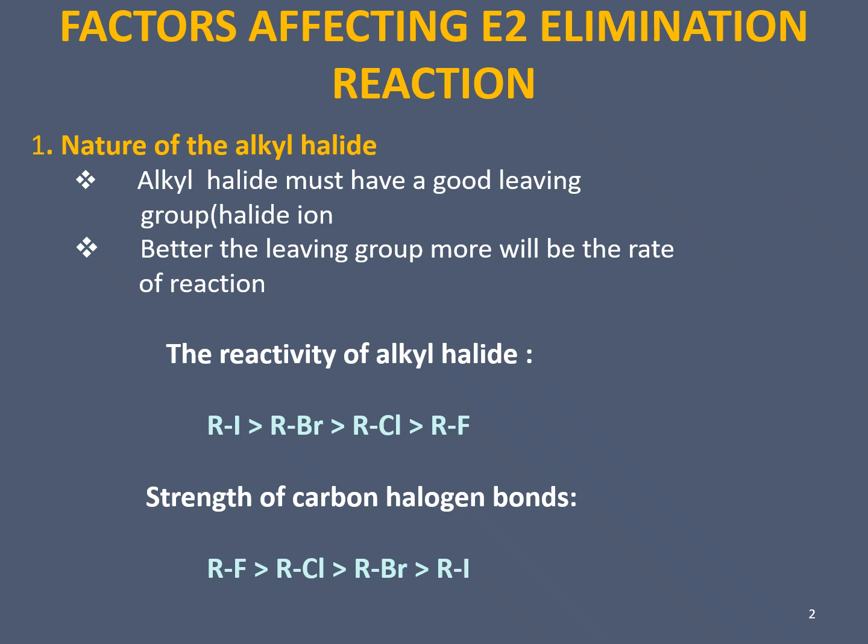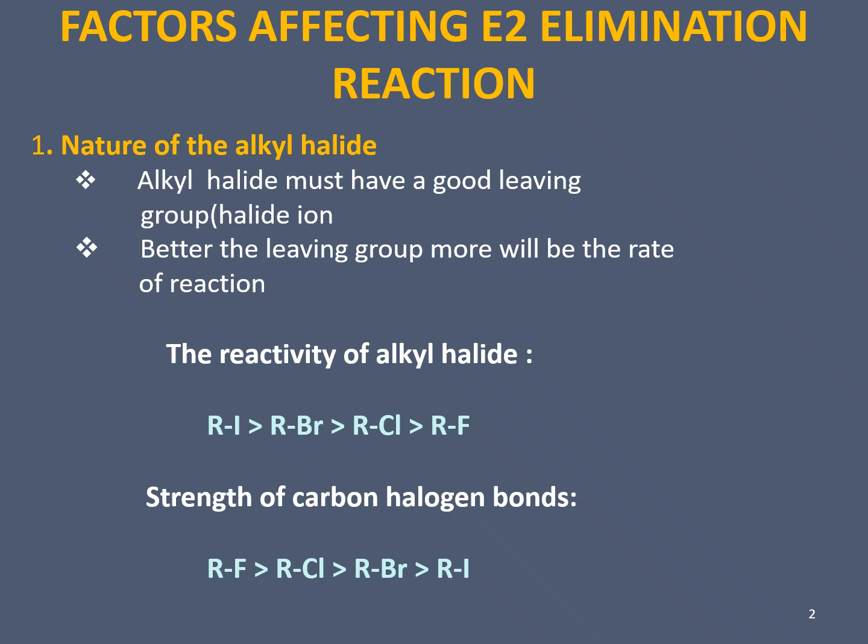Okay. And in this case, the nature of the alkyl halide will affect the rate of the reaction. This alkyl halide must have a good leaving group. Leaving group means a halide ion in this case, because for E2 elimination reactions we used dehydrohalogenation as the example. In dehydrohalogenation, the alkyl halides react with the base.